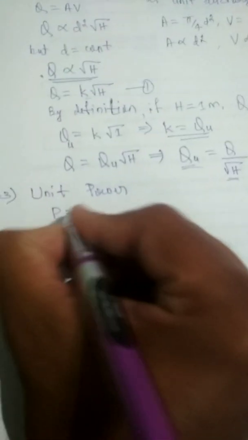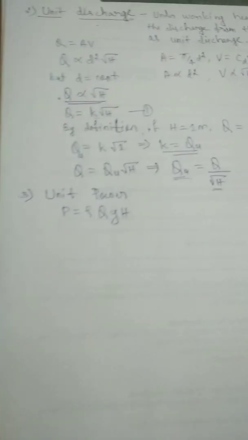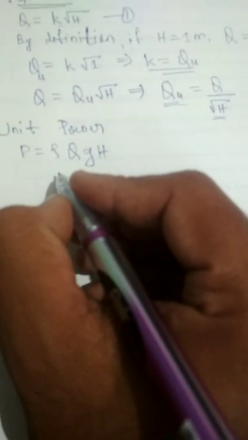In the same way, we can get the expression for unit power also. We know that power is rho Q g H. From the basic equation, power generated by the turbine is equal to rho Q g H under ideal conditions. Eliminating the constants, rho is constant for water in a hydraulic turbine.